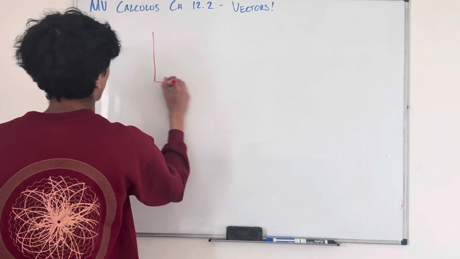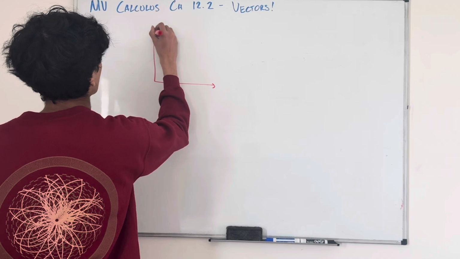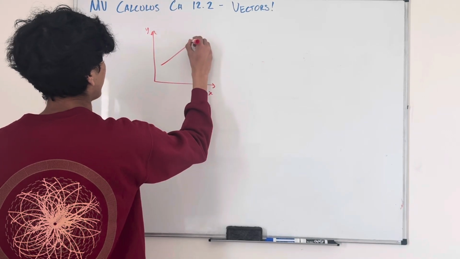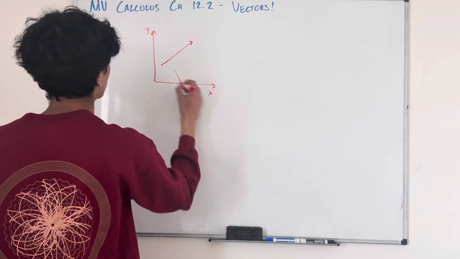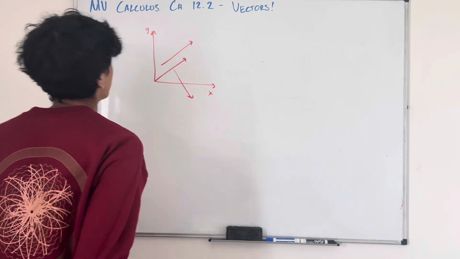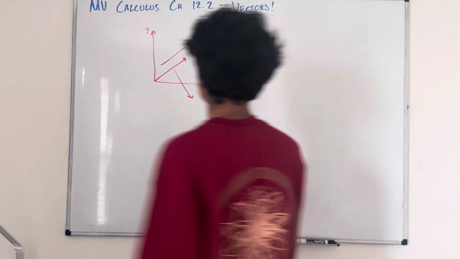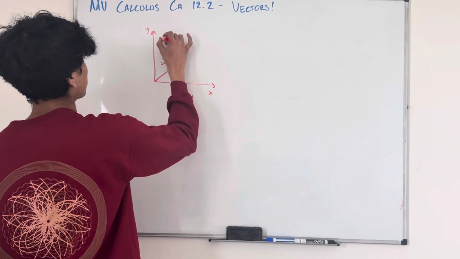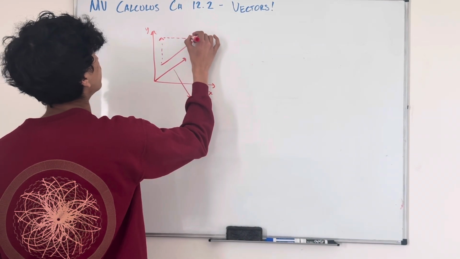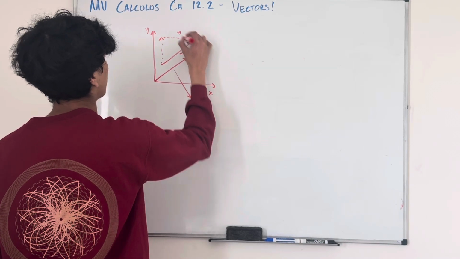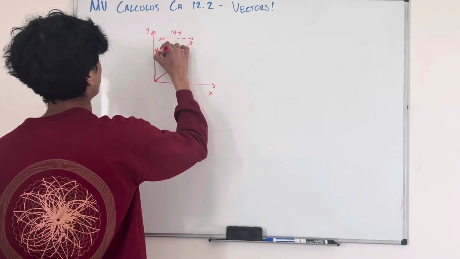So for our traditional y-x plane, you could draw a vector coming from the origin, and the main deal is that a vector will have a component in the x direction and a component in the y direction. If this is v, I'll call this vy and this vx.